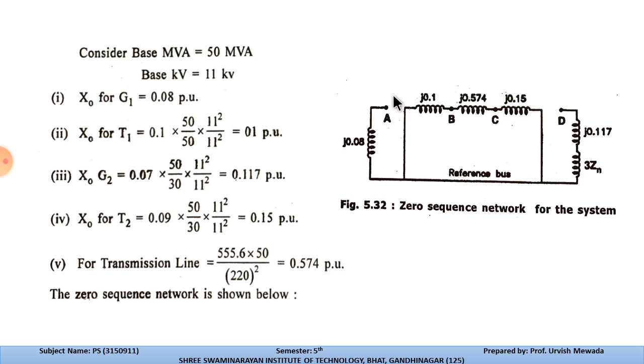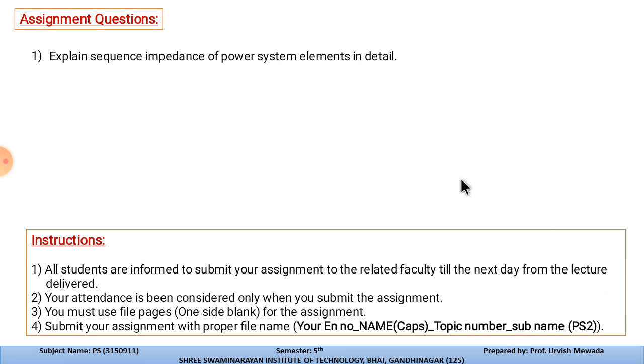The primary side of transformer T1 and the secondary side of transformer T2 are both not grounded, so they are floating over here. And the reactances of the generators and the rest of the parts are shown over here, calculated through these equations. So this is how we can solve the positive sequence, negative sequence, and zero sequence impedances of the given system.